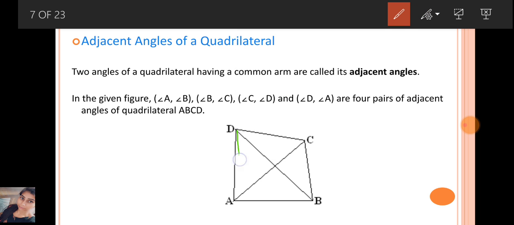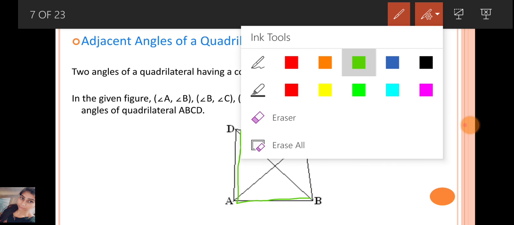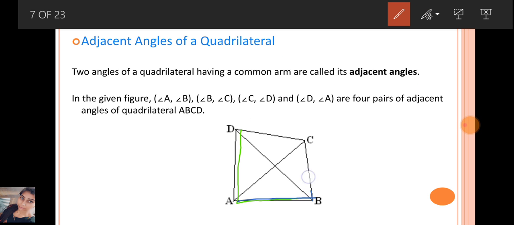Just see, if I take angle A, that is DAB, and then I take the next angle B. Can you see AB is in both the angles? In DAB, AB is there. In ABC also, AB is there. So angle A and angle B have a common arm. So these two are adjacent angles.